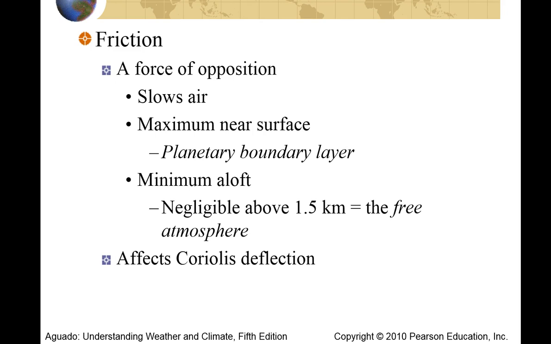These factors together are what shape and influence wind speeds and directions all over the planet, and it's the three working together. And I think this represents a good point to stop, because we will finish with part 3 so you could see how all three of these forces work together to influence wind speeds and directions for surface winds versus upper level winds on the last part of Chapter 4.